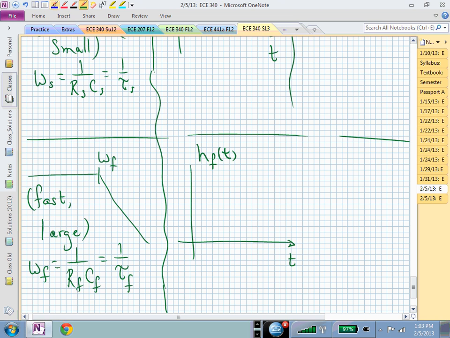We now have, let's say, 1 over tau sub f, and this is now this e to the minus t over tau sub f shape, which is much sharper, and now this one looks more like an impulse response than the other one, doesn't it? So our fast system looks more like an impulse response versus the slow one. And that's going to influence what the output response looks like.